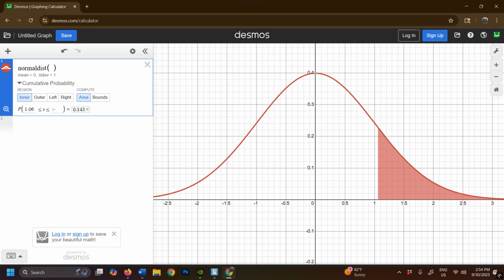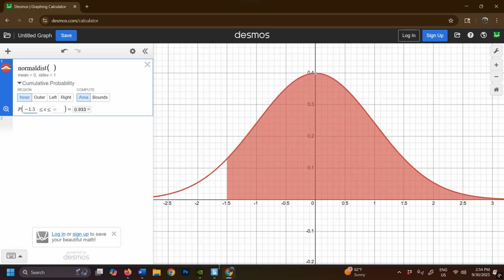I'm going to change that lower value to negative 1.5, up to a positive 1.25. And you can see the visualization. This is a lot of the area, not a whole lot to the left or to the right. In fact, it brings up about 80% of that area. And so we're going to put down 0.8275.